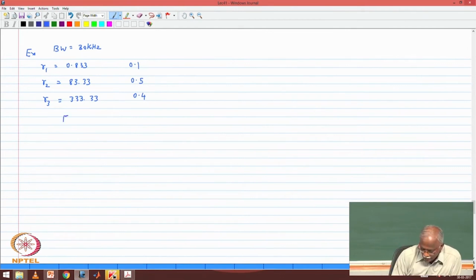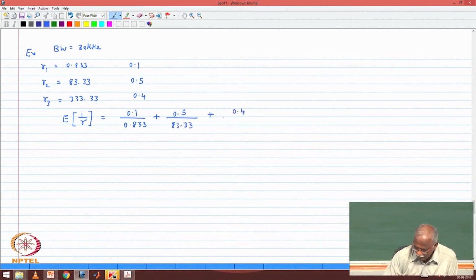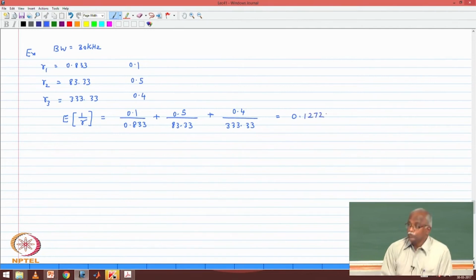Channel inversion says first find the sigma, expected value of 1 over gamma. So this will be 0.1 divided by 0.833 plus 0.5 divided by 83.33 plus 0.4 divided by 333.33. This comes out to be, please verify, 0.1272. Again, I want you to verify that.